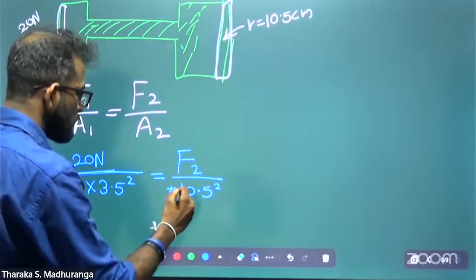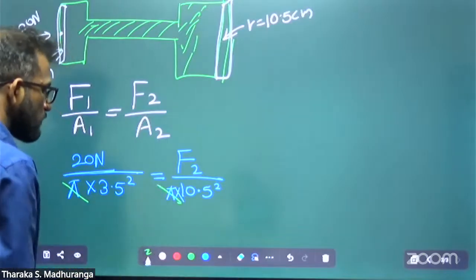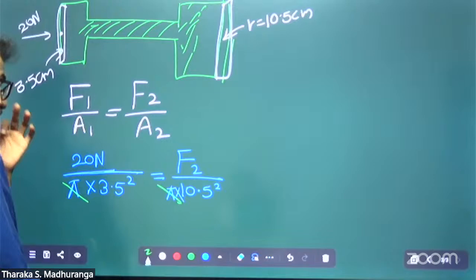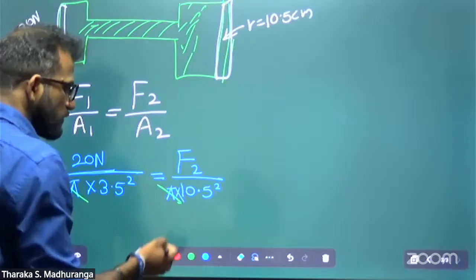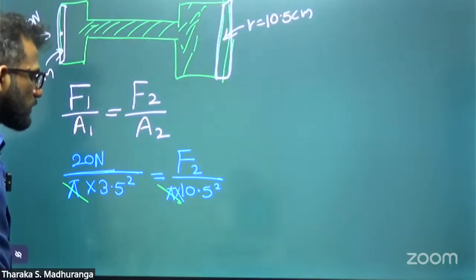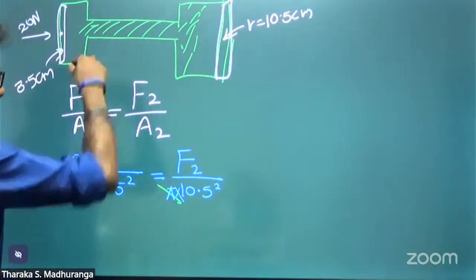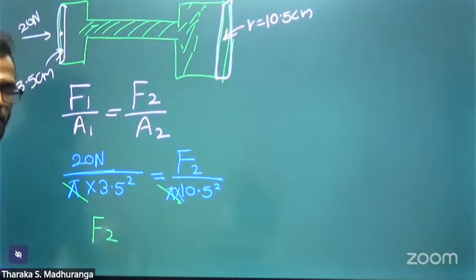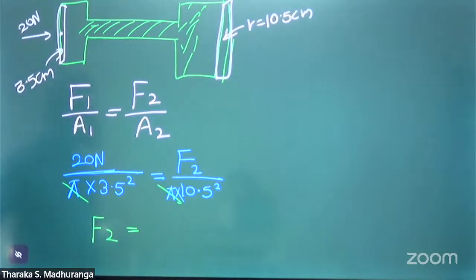Now pi and pi cancel out, and centimeter squared and centimeter squared cancel out, therefore the unit is no problem. Okay, F2 equals 10.5 squared into 20 over 3.5 squared. What's the value? I got the value. 10.5 squared into 20 over 3.5 squared.